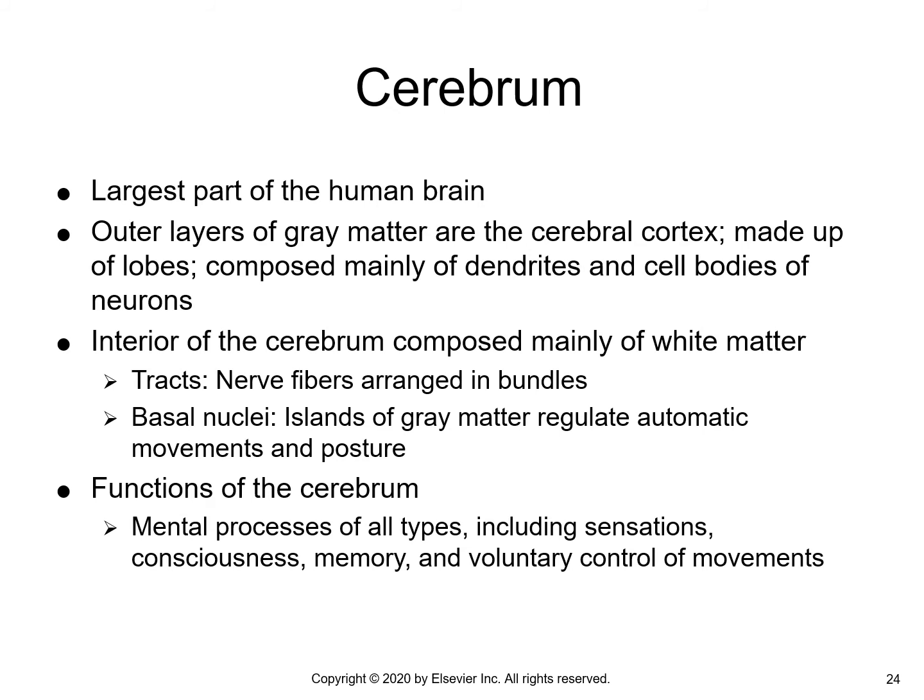There are tracts of nerve fibers arranged in bundles, and basal nuclei, which are islands of gray matter, regulate automatic movements and posture. Functions of the cerebrum: mental processes of all types, including sensations, consciousness, memory, and voluntary controlled movements.